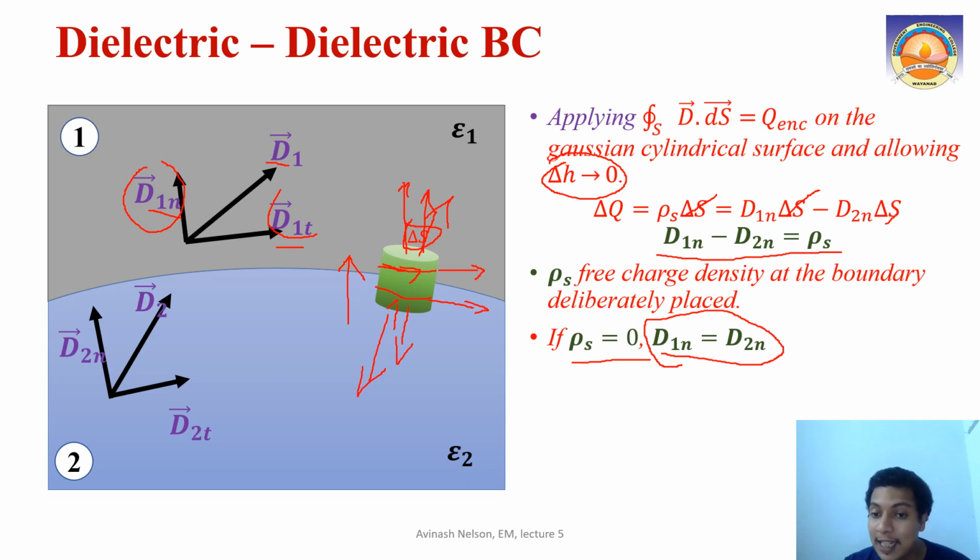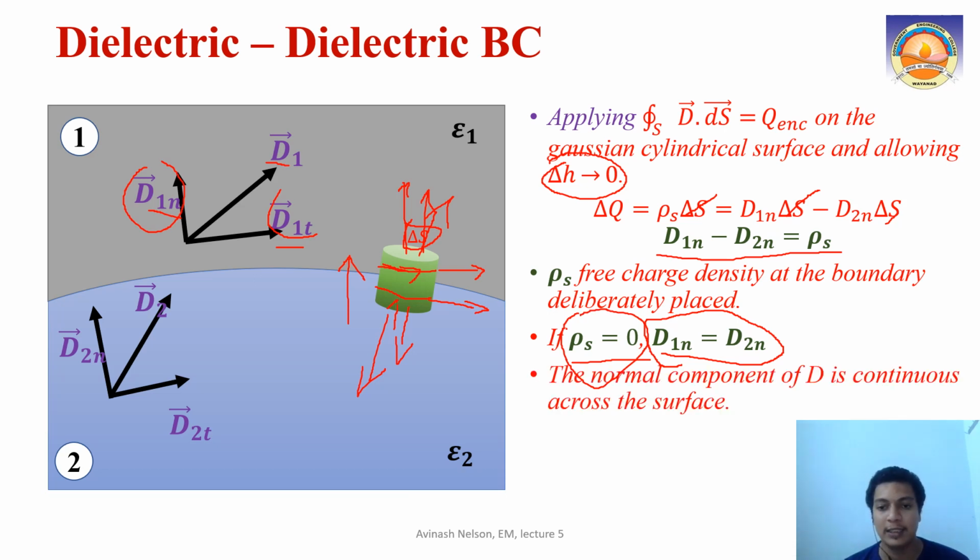Here we can say that D1n equal to D2n when rho s equal to 0. This is another boundary condition. So the normal component of D is continuous across the surface. Before, we got that the tangential component of D is discontinuous at the surface, right? So it is vice versa here. So the normal component of D is continuous across the surface. That is another boundary condition.